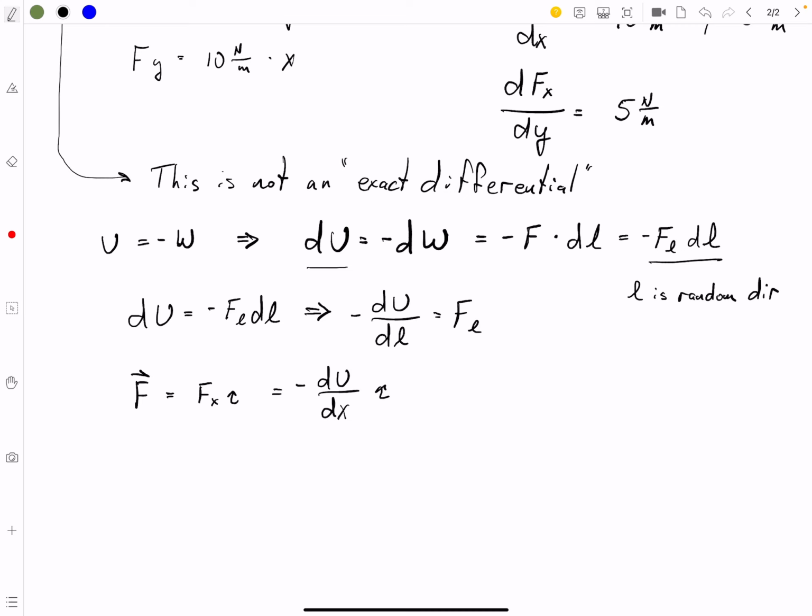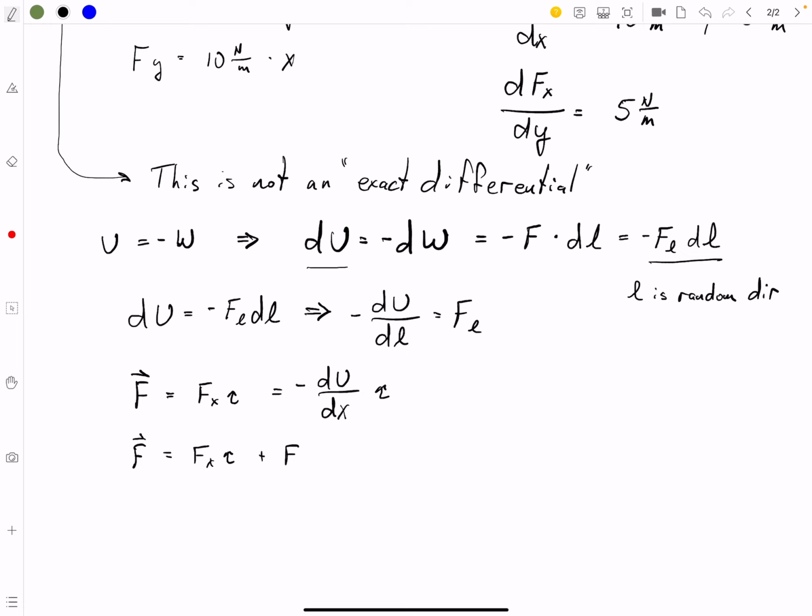Okay, another way to do that is to add directions. So we can do the same thing, but we can have it with x and y, which is what we need.